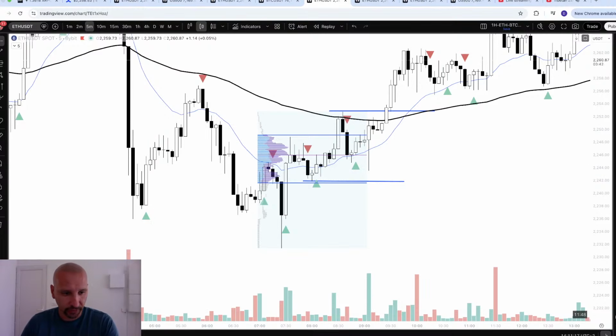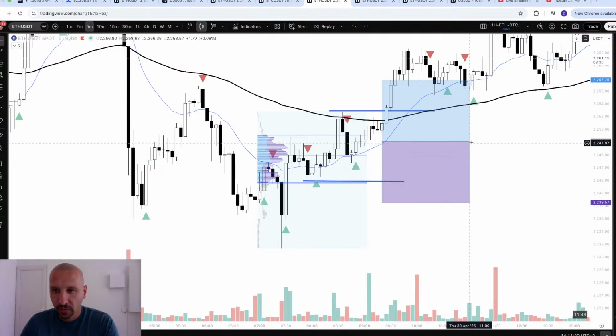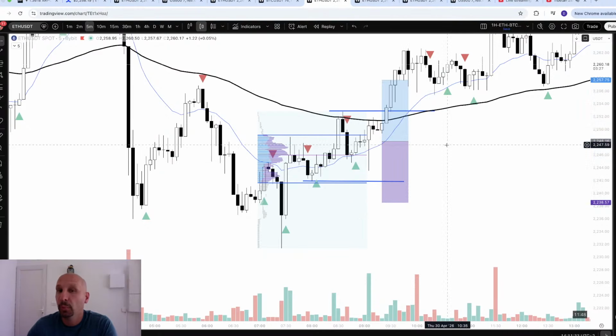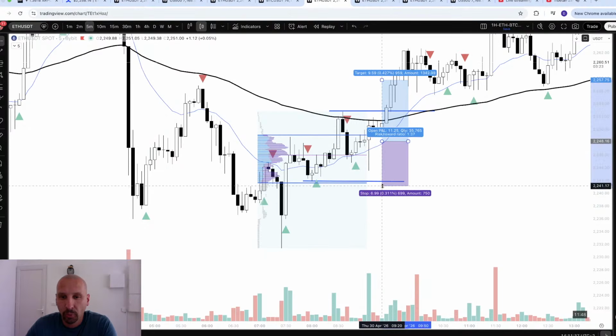We could enter easy. You can already enter, for example, on the close. And where the close happened, it was here. You could enter here already. That would be the first entry. Or if you really want to wait for a pullback, like we got, stop loss is going here.